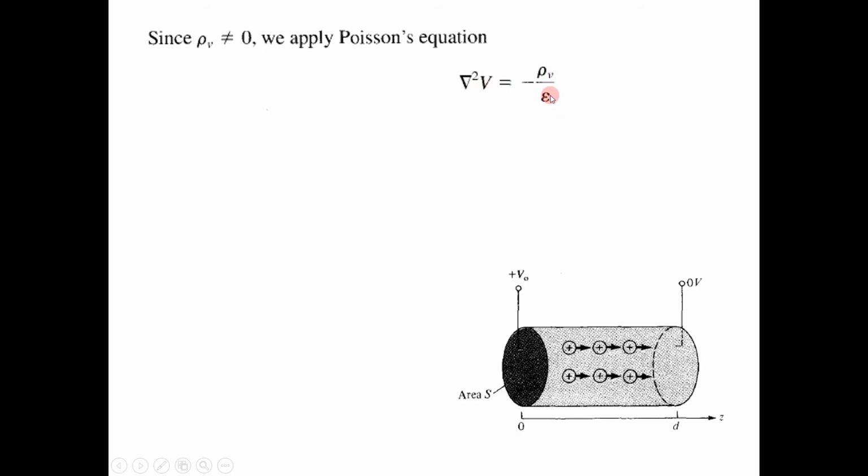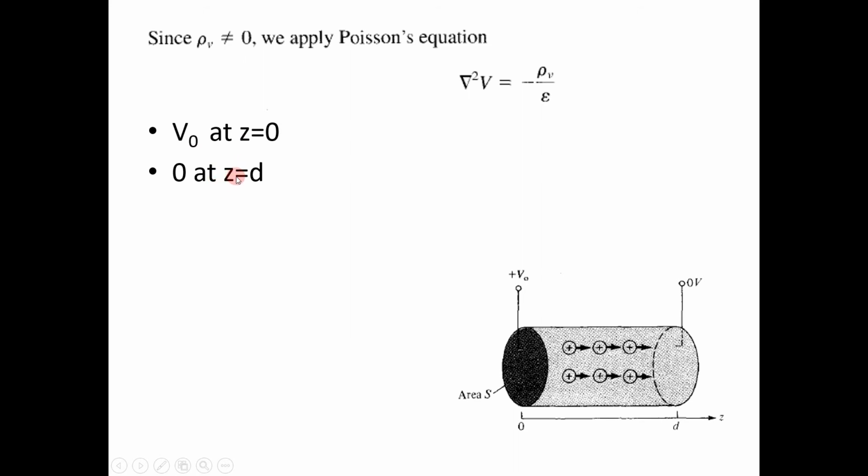So which equation? Poisson's equation. Poisson's equation is del square V is equal to minus rho V by epsilon. So first you write that equation. After that, the two boundary conditions: voltage at Z equals 0 is V naught, and voltage at Z equals D is 0. So those two values we wrote, and we understand that V is dependent on which variable? Only on the Z variable.